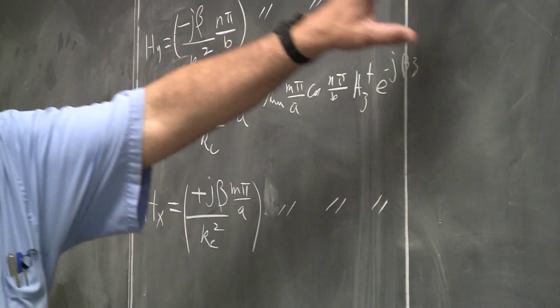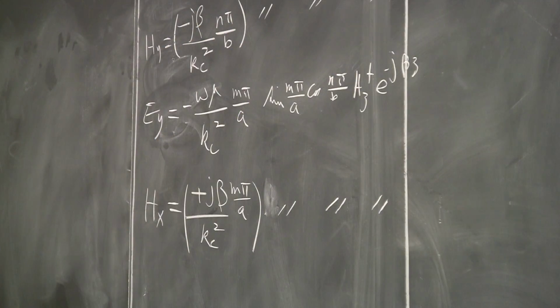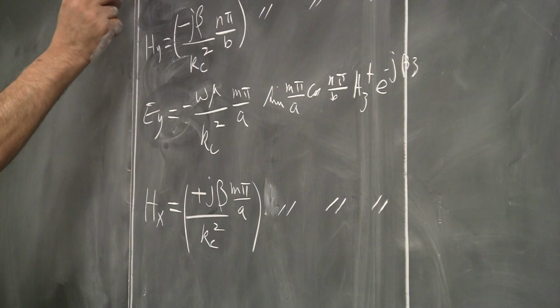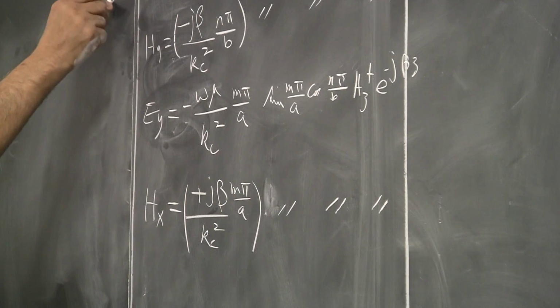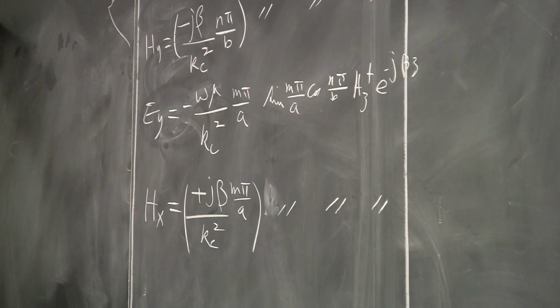Likewise, I can do the same thing here. Now we notice that these are similar to each other, so the ratio Ex over Hy is equal to omega mu over beta. We decided to put a minus sign here, if you remember, so get rid of the minus.